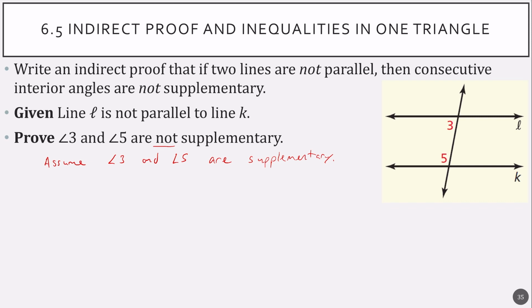And then what? Well, if they are supplementary, what do we know? Well, if they are supplementary, we know then that lines are parallel. So then line L would be parallel to line K by, well, what kind of angles are those?